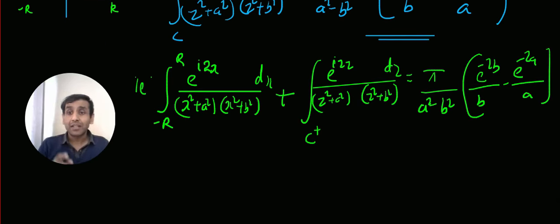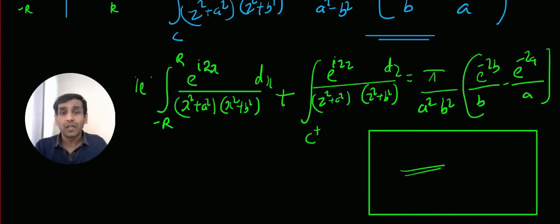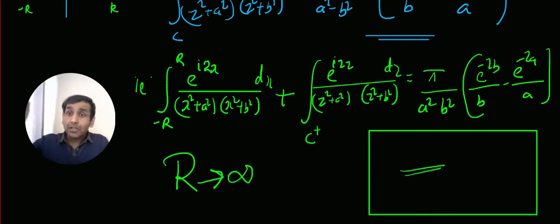Okay, now what will you write? Cauchy's lemma or Jordan's lemma? Jordan's lemma. You have to write this very clearly in the exam, and search online for what Jordan's lemma is. In your examination, write the statement here. And by Jordan's lemma, you have to write when R tends to infinity. In type 1, we will write by Cauchy's lemma.